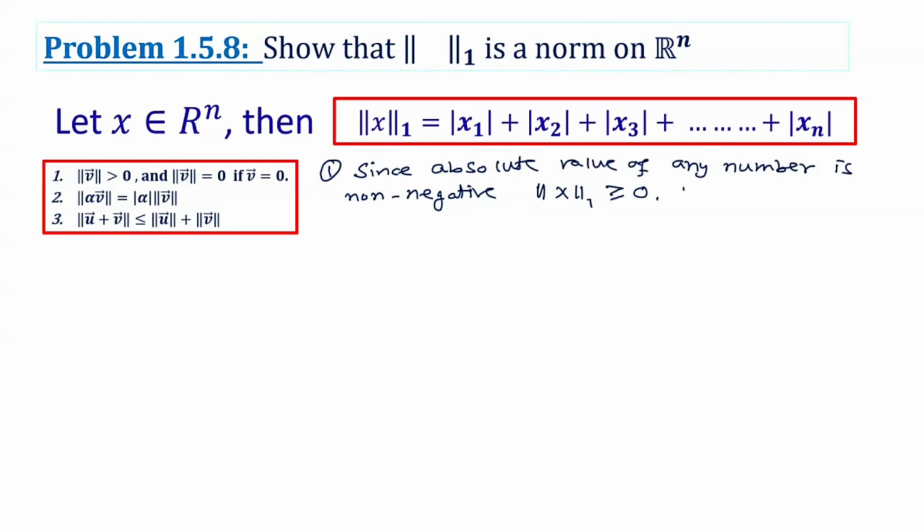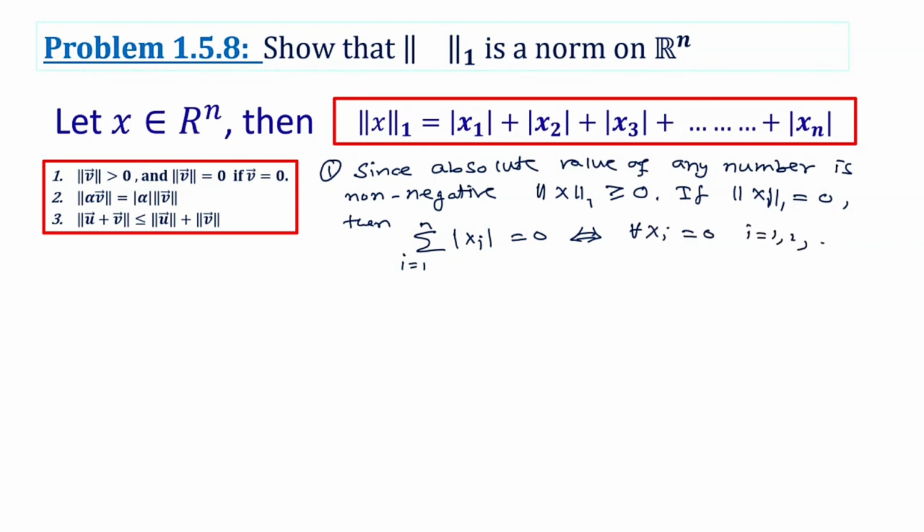Now the equality to 0 holds if each component is 0. So that means the sum over i from 1 to n of the absolute value of xi is equal to 0 if and only if all xi are equal to 0 for i from 1 to n, which in turn gives us x equals 0.